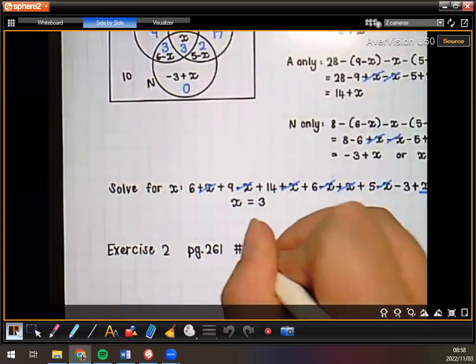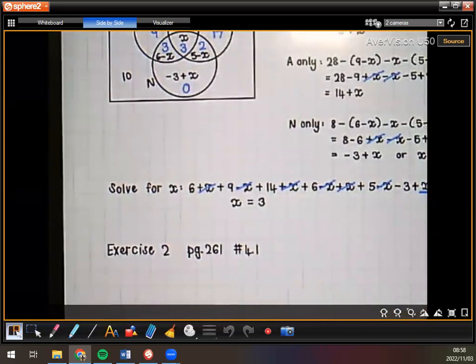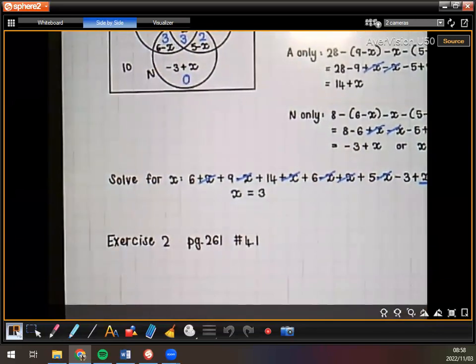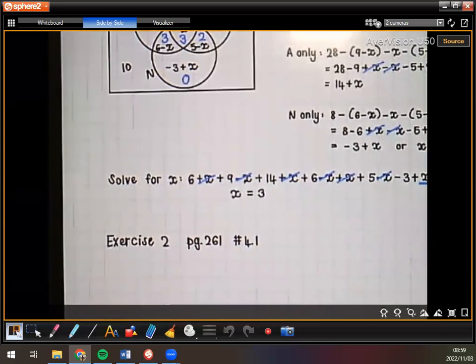Guys, we haven't actually done calculating probabilities from this yet. We did it yesterday when the Venn diagram was given, but I just want us to actually draw this Venn diagram, and then tomorrow we'll do the calculations. So this is very similar to the one that we've just done, guys. They've given you 3 subjects and they haven't given you the value in the middle. So you're going to have to make that x. It's going to be the same as this example.